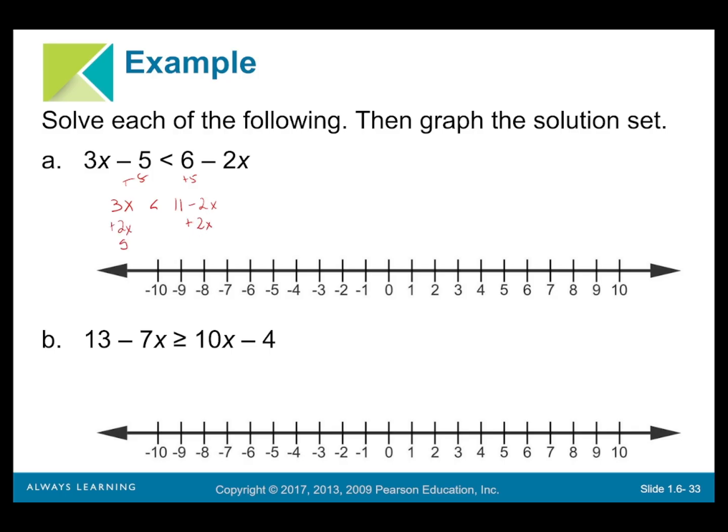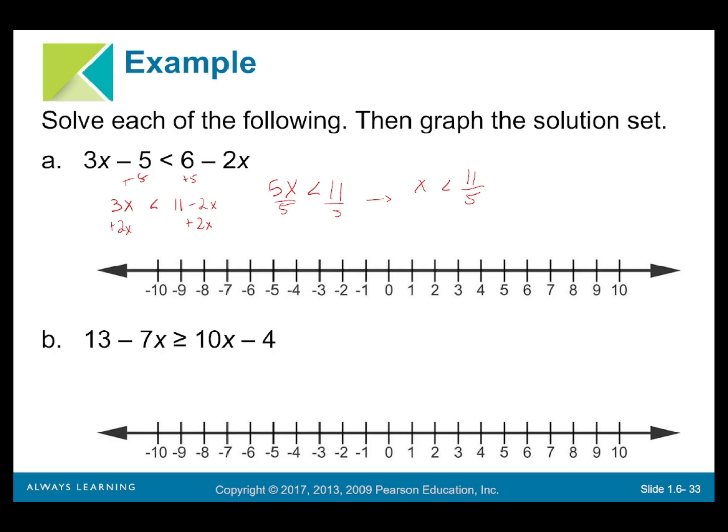And I have 5x is less than 11. And then I divide by 5 on both sides. I get x is less than 11 over 5, which is about 2.2.